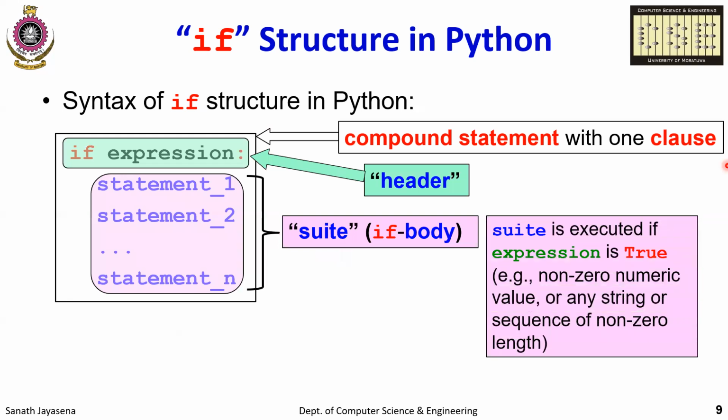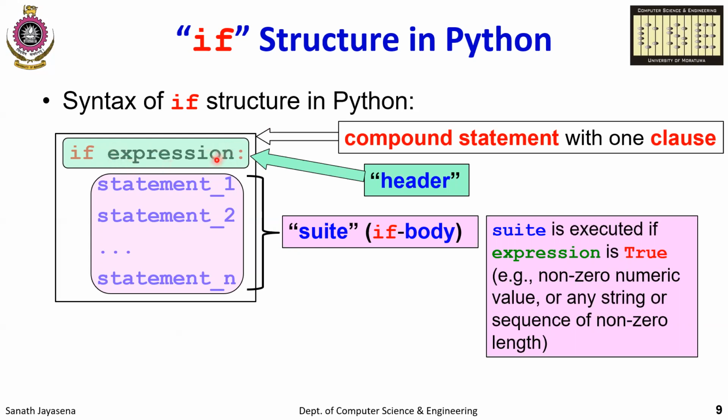And how does it work actually? This is very important to understand. This suite, or these statements, will get executed if this expression is evaluated as true. Now, what do we mean by true here? Does it always have to be the Boolean value true?